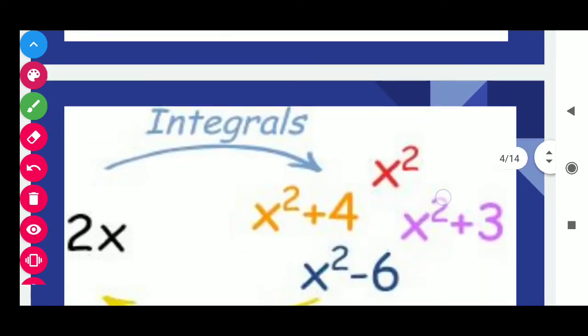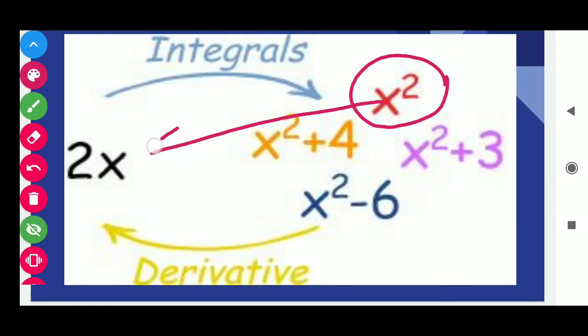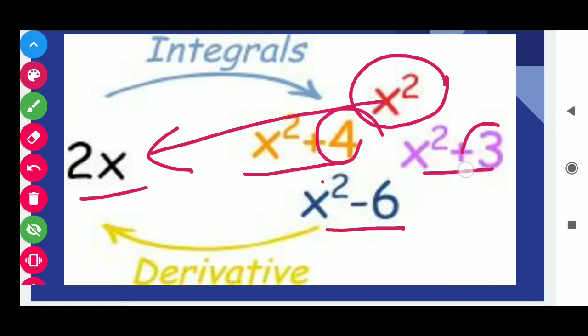Now students, here we have a similar result again. You can see that if we take the derivative of x squared, we get 2x, and x squared plus 4, x squared plus 3, x squared minus x all have derivative 2x. But here 4, 3, minus x, all the constants are different but give the same result.